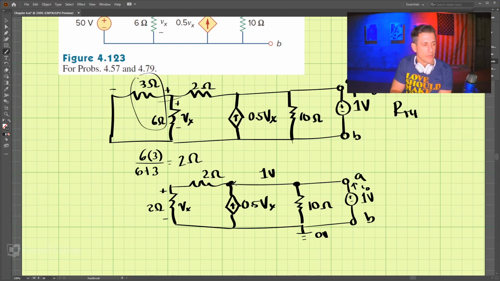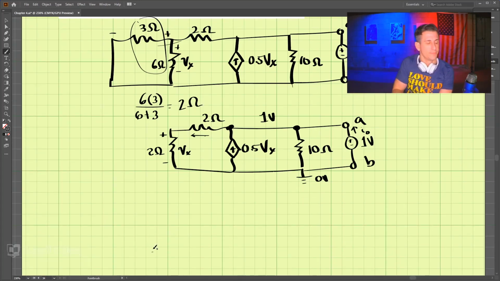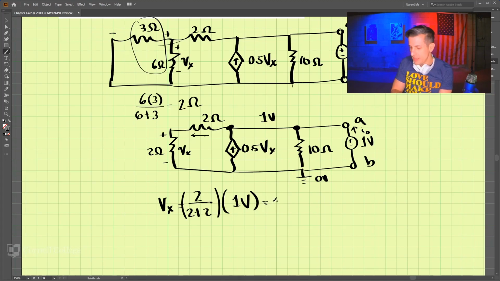If we look at the current that flows down here, we can do a voltage division, where Vx is equal to 2 divided by 2 plus 2 times this 1 volt here. So that means Vx is 0.5 volts.